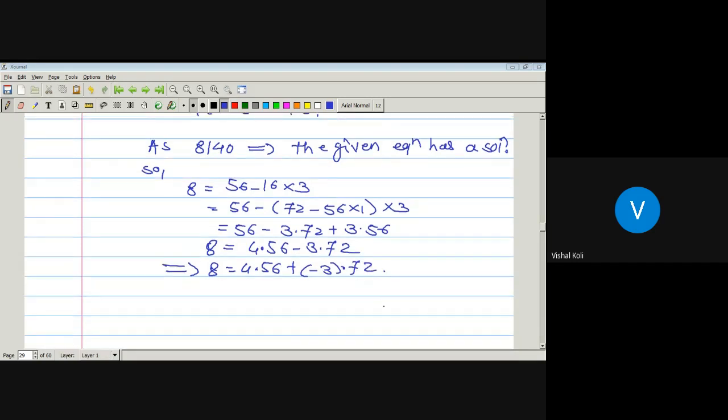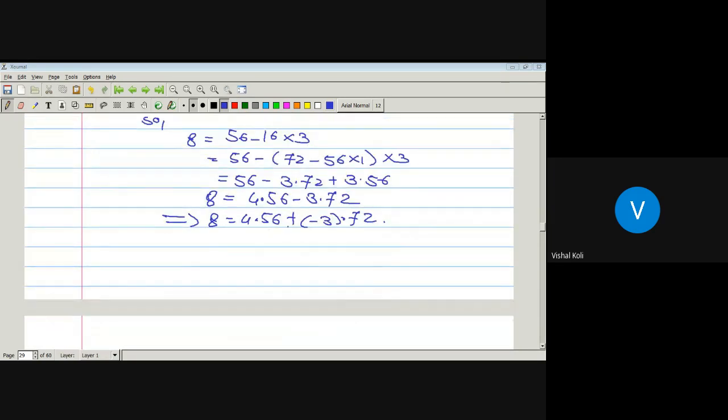So now here we have expressed our 8 as a linear combination of A and B, that is 56 and 72. But actually we have to express the 40. So multiply both sides by 5, we get 40 is nothing but 4 into 5, which is 20 into 56, plus minus 3 into 5, minus 15 into 72.